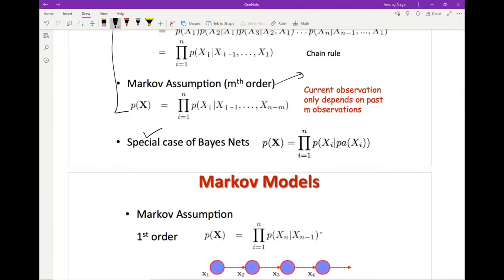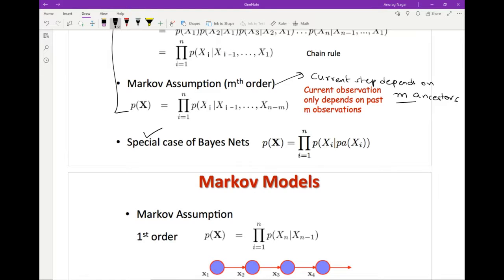So this means the current step depends on m ancestors, or m levels of hierarchy, that is what it represents. Now, we don't want to go there.